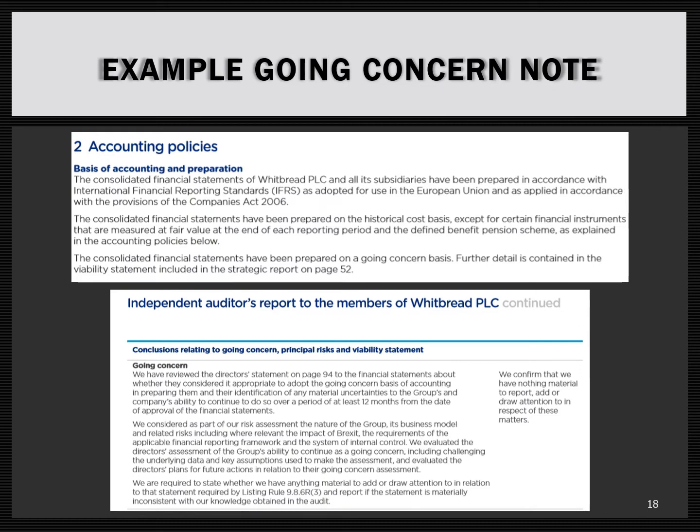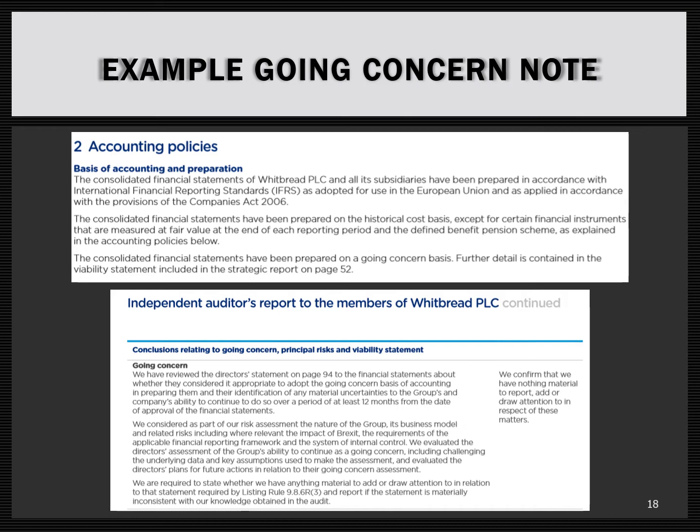And there's just an example of one of those notes. This is Whitbread's, and you'll see that the directors have included in accounting policies the final paragraph there. The consolidated financial statements have been prepared on a going concern basis. Further details contained in the viability statement.